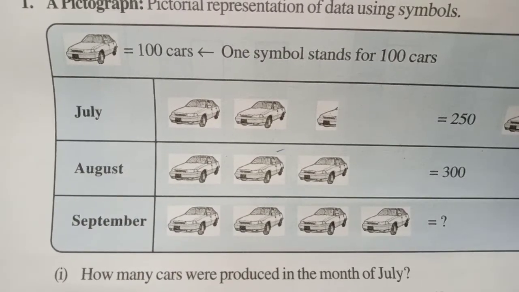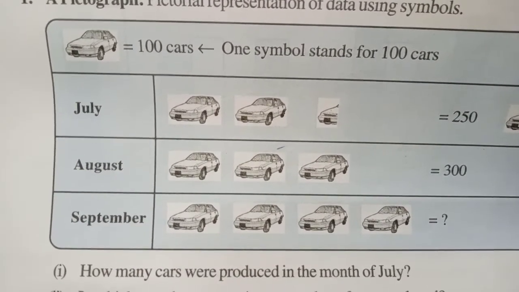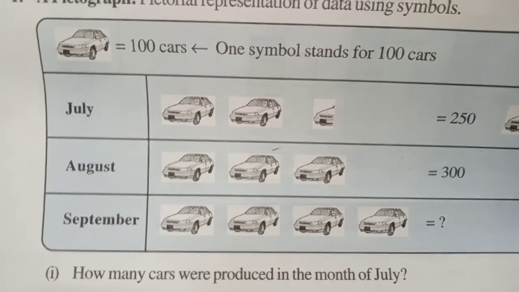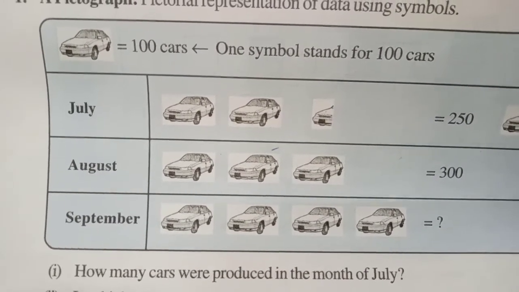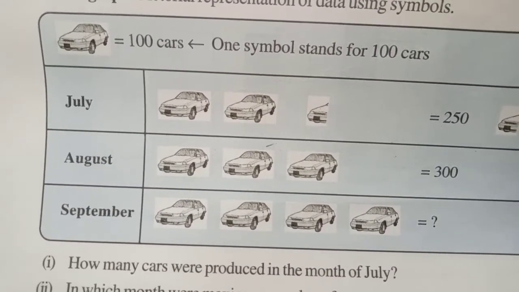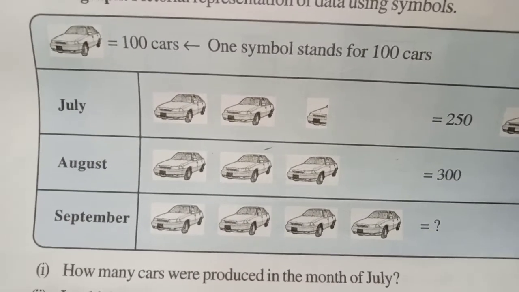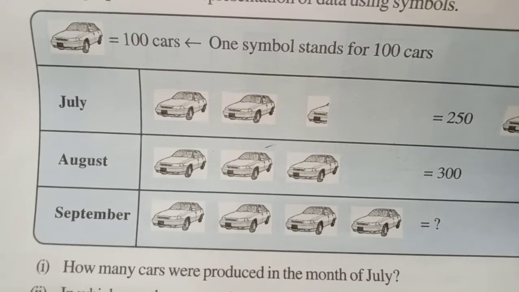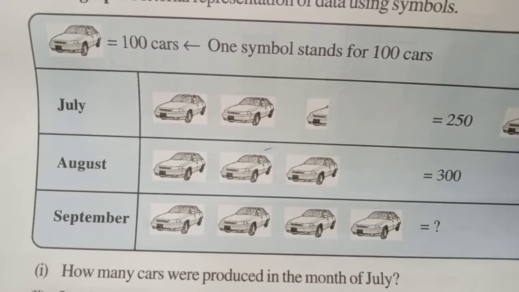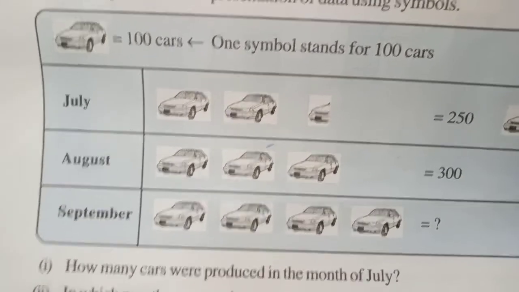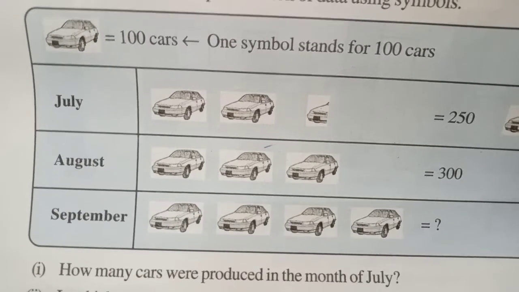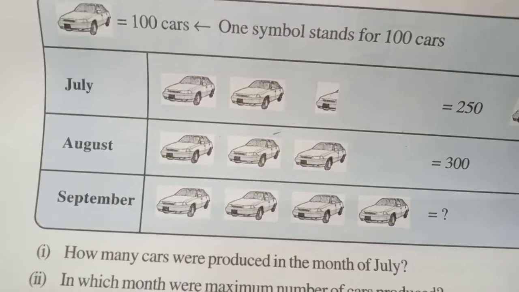July has 2.5 symbols, so 250 cars produced in a particular factory. August has 3 pictures, each symbol represents 100, so 300. September has 4 pictures, each represents 100, so totally we have 400.